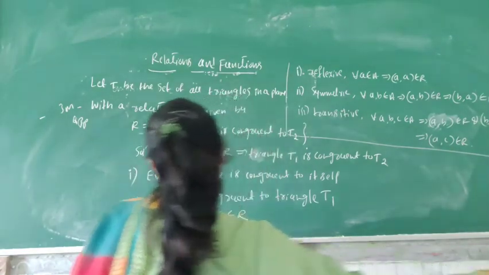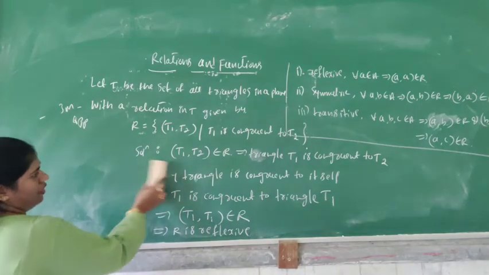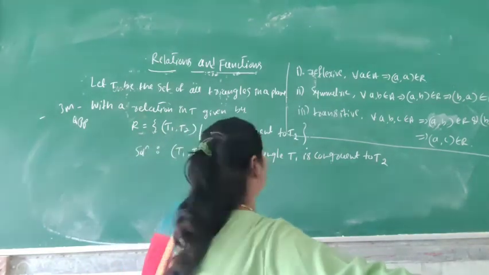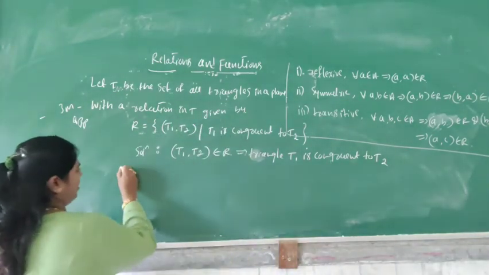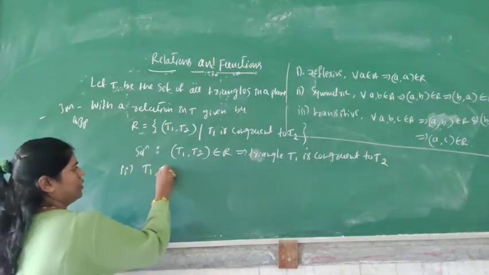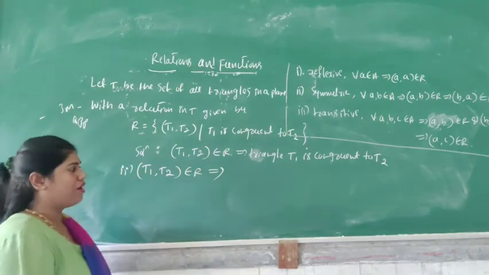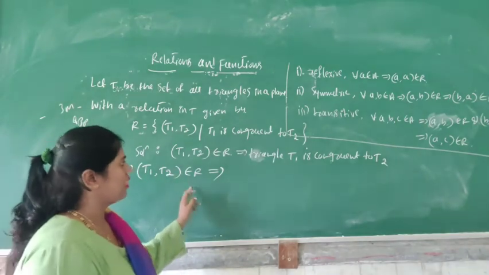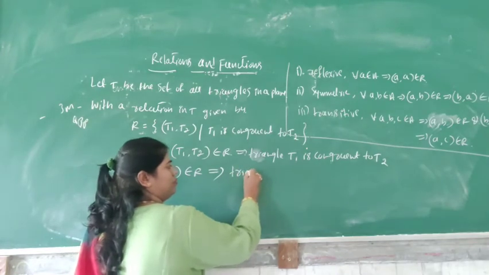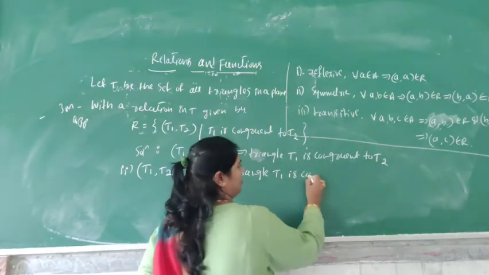What is next? Next one is we have to check it for symmetry. Solution. Next one is symmetry. (T1, T2) belongs to R. It means to say that triangle T1 is congruent to T2.